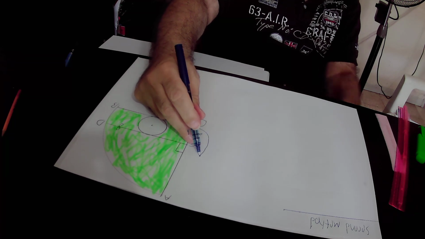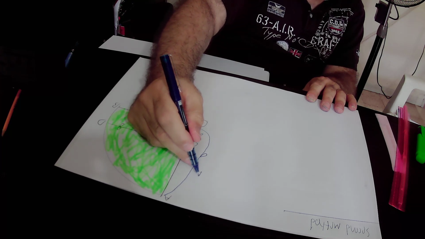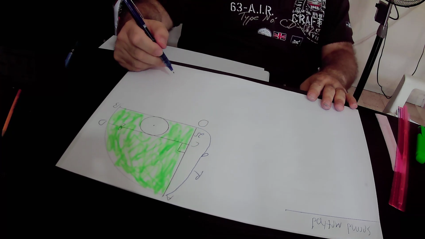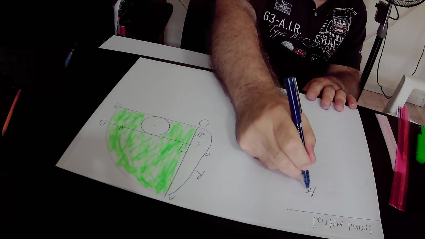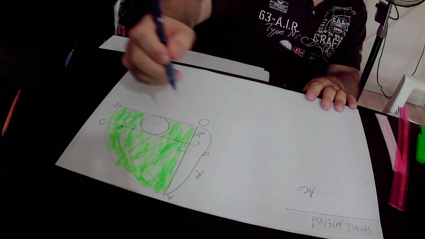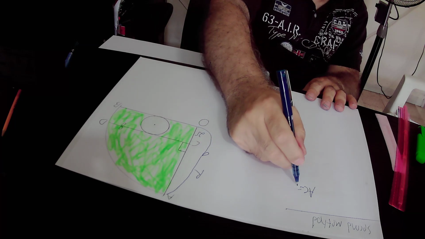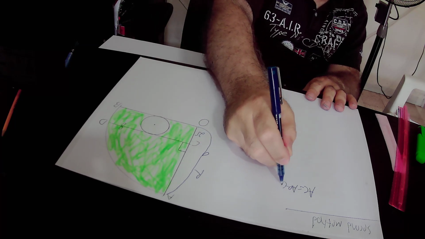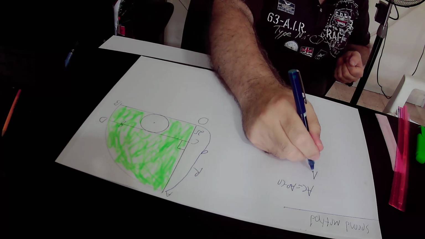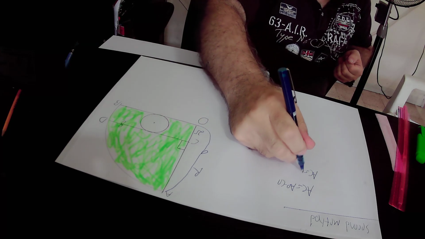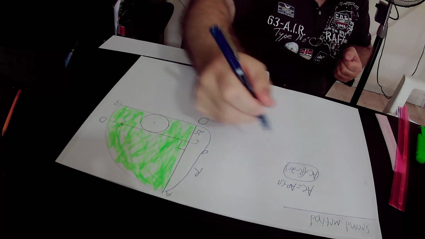We have already found out that AO is the radius of the quarter circle, that is equal to capital R. What is the value of AC? AC equals AO minus CO. So AC equals AO, that is capital R, minus CO, that is 2R. So in conclusion, AC equals capital R minus 2R.